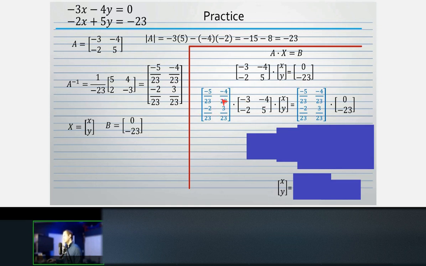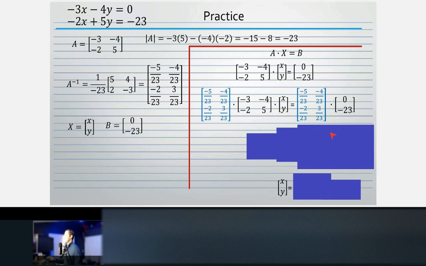Now, what is the inverse? So remember, this is the inverse of A times A. Whenever you multiply a matrix by its inverse, what will it always equal? Yes, it will always equal the identity matrix.